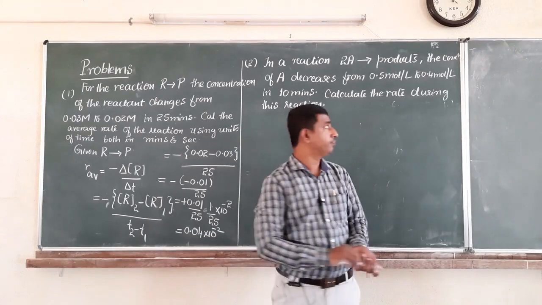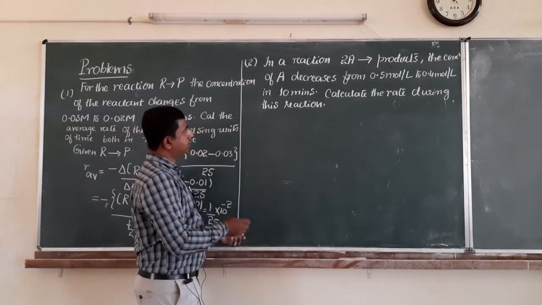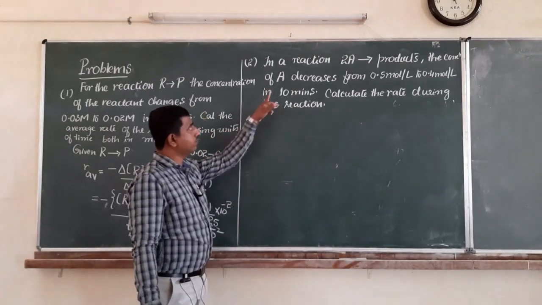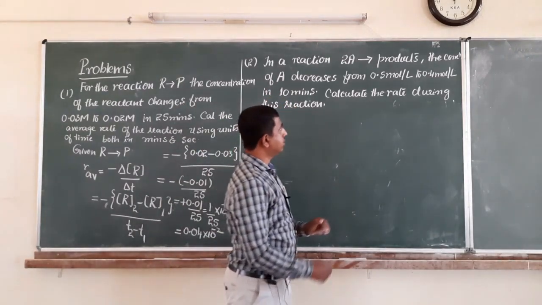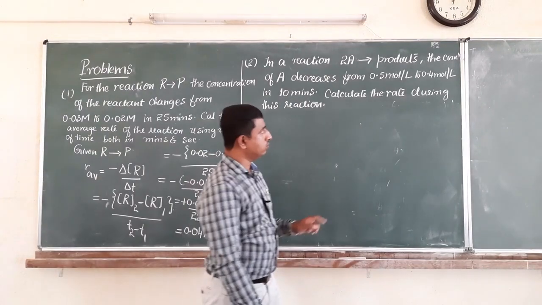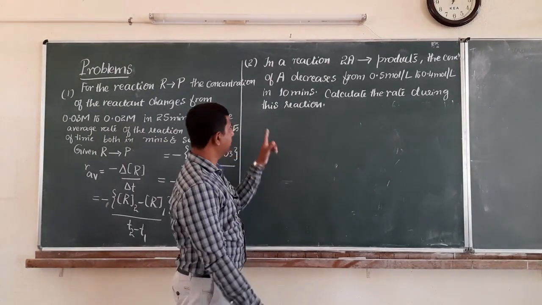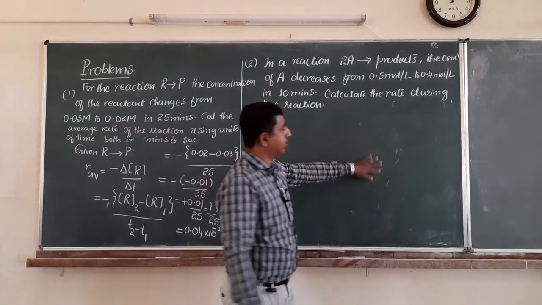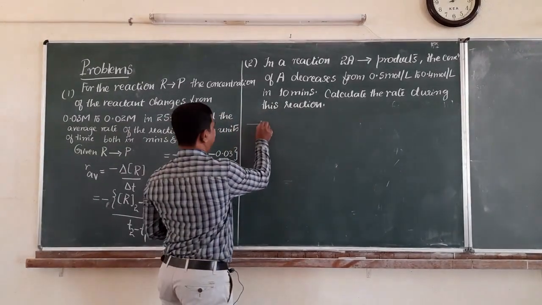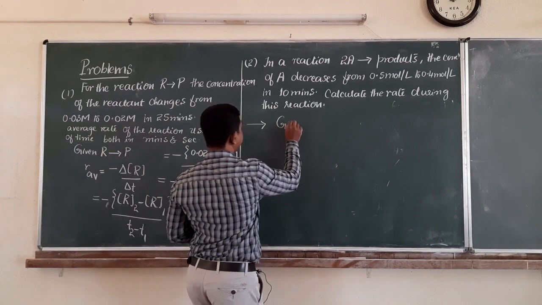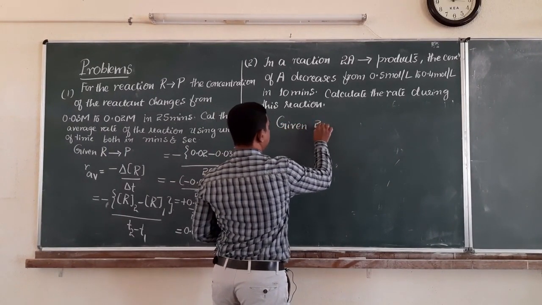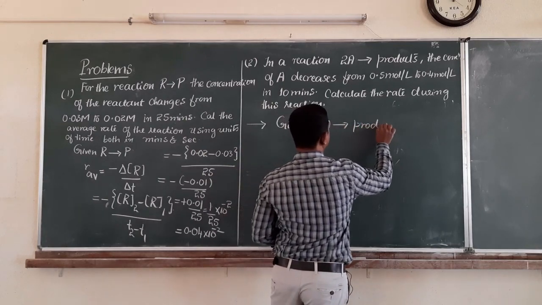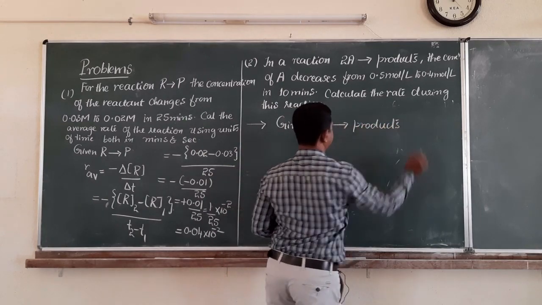Next, second problem. In a reaction, 2A giving products, concentration of the reactant decreases from 0.5 mole per liter to 0.4 mole per liter in 10 minutes. Calculate the rate during the reaction. Given 2A giving products.